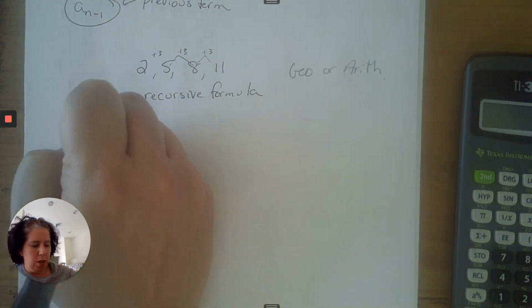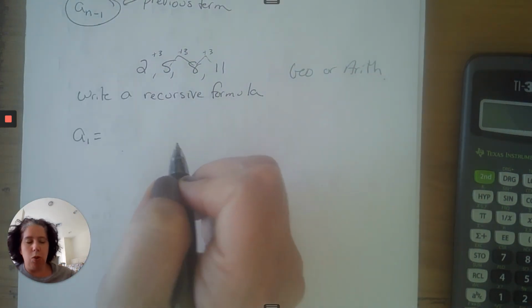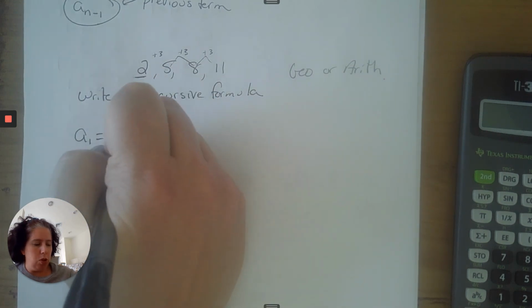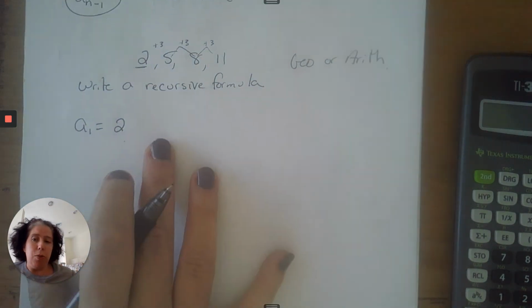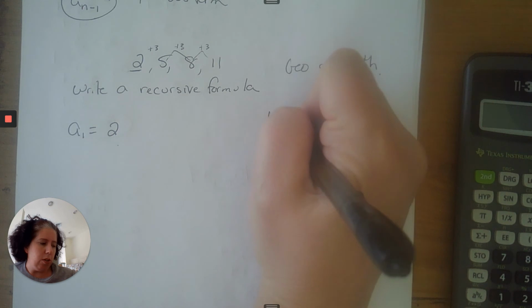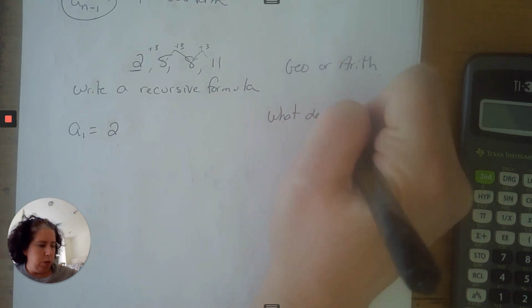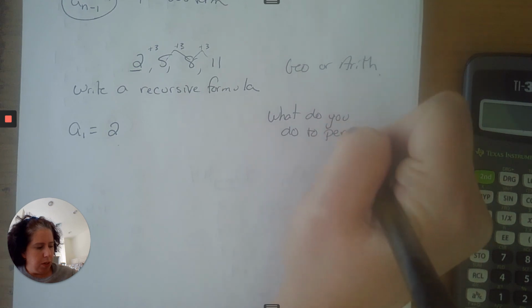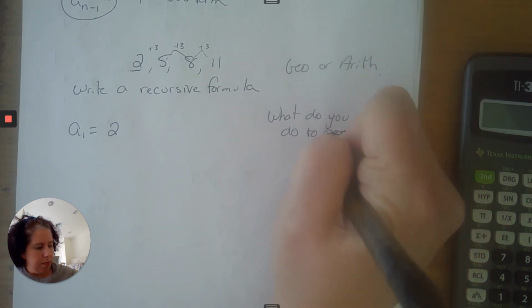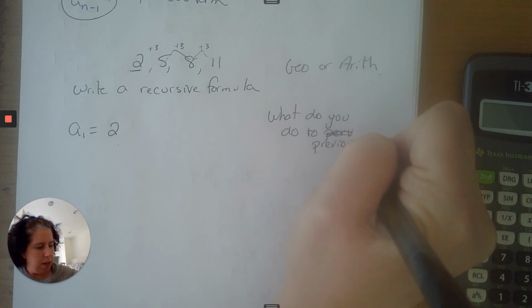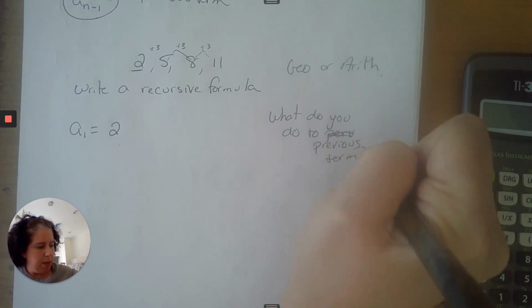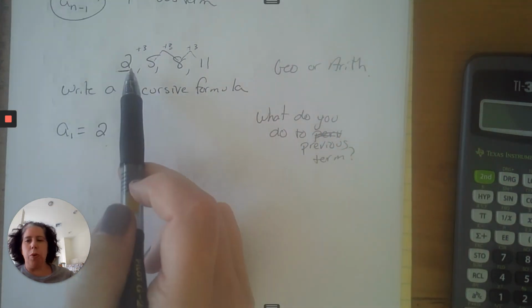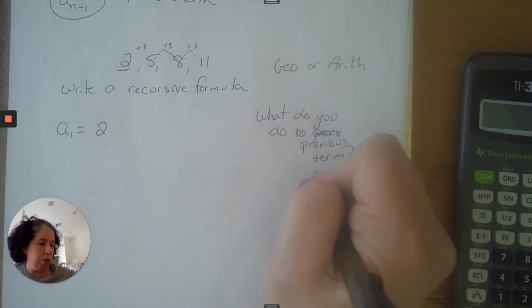Here's what you're going to need. You're going to need term 1. It's going to ask you in the problems what term 1 is. So term 1 is the first one, which is 2. Then really all you're doing is, what do you do to the previous term? In this one, I'm going to add 3.